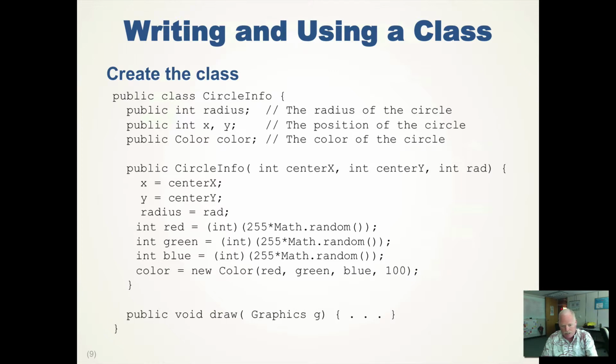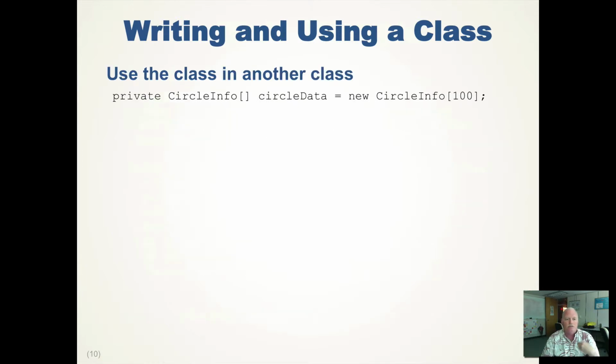Now once you've got your class done, you can now use your class somewhere else. For example, we're going to use our circle info class. We're going to create an array of circle info to hold the information about all these circles. We're going to make it 100 circles. Now that didn't actually create any circle info instances. That just created the array of circle infos which have references to null.